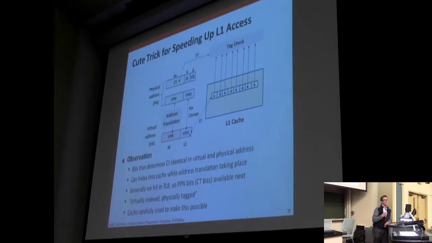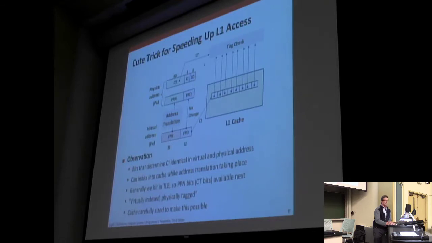So even before the MMU is doing any address translation, it can send these VPO bits to the cache, and then the cache can get busy extracting the cache index bits, looking up all of the lines in that set, and then have everything ready for the tag check, which can only occur after the address translation happens, once there's a physical address from which we can extract the cache tag.